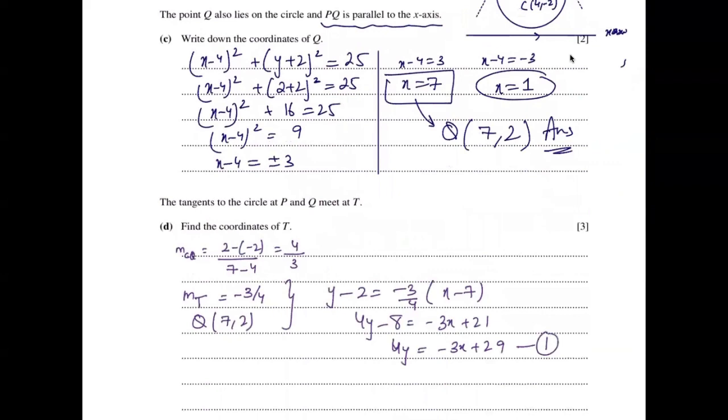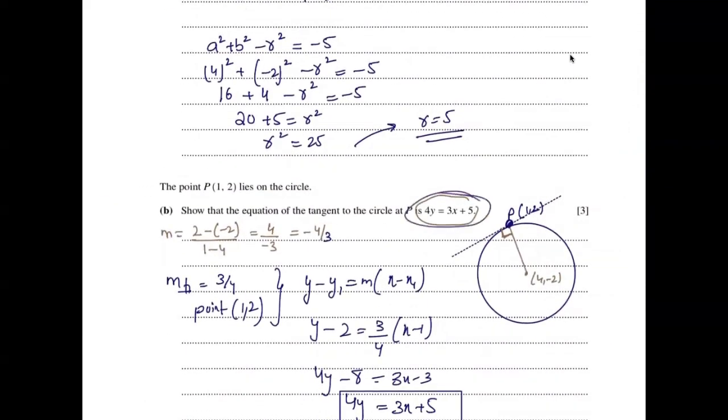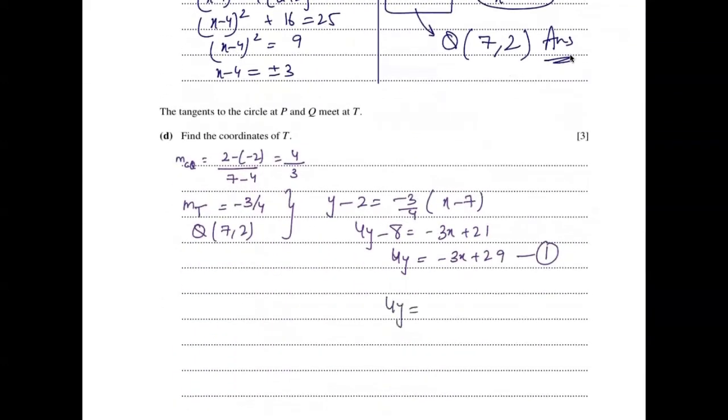So that's your equation. And the equation of the tangent at point P was given to be 4y equals 3x plus 5. You're going to solve these two equations simultaneously and get the coordinates of the intersection point.